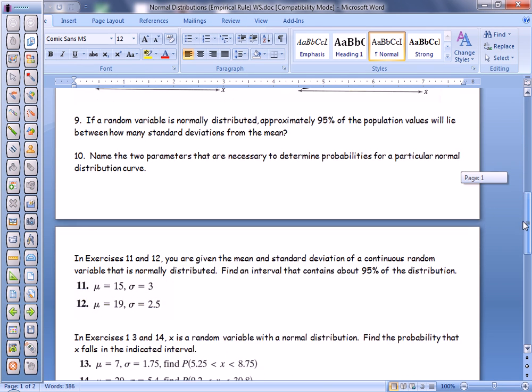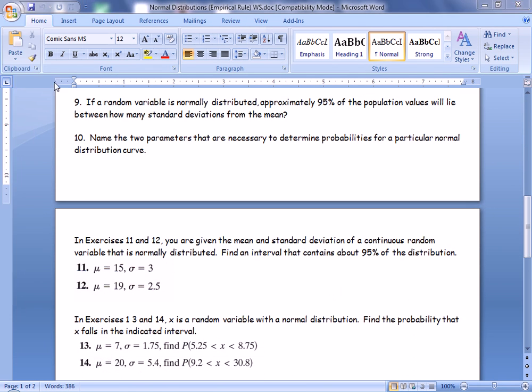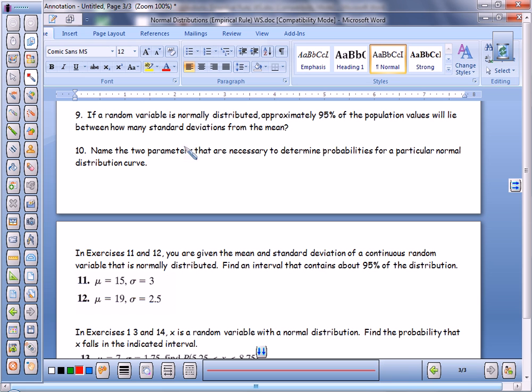Let's take a look at 9 and 10. If a random variable was normally distributed, approximately 95% of the population values will lie between how many standard deviations of the mean? 2 standard deviations on either side of the mean.